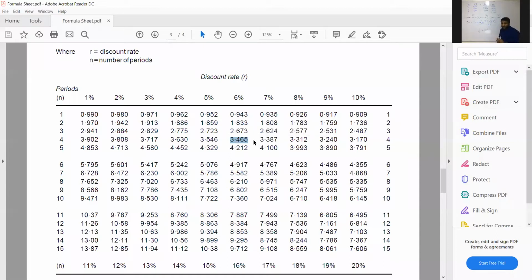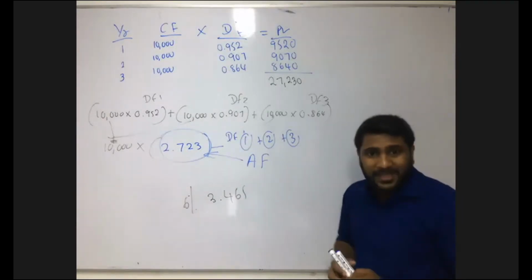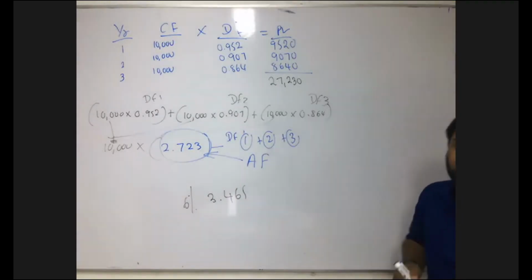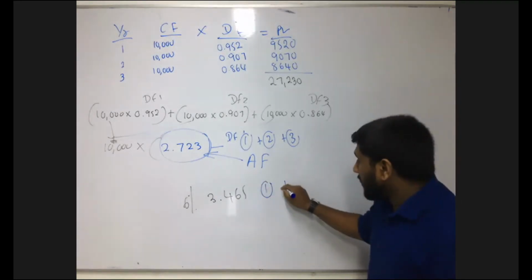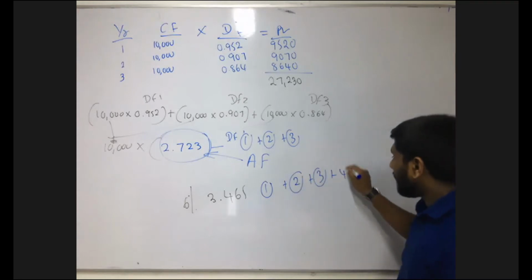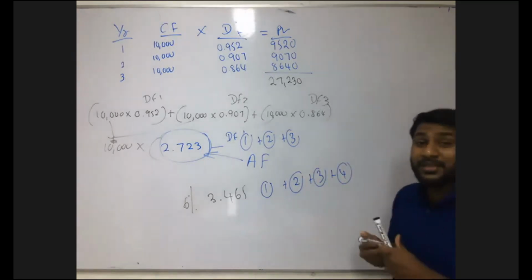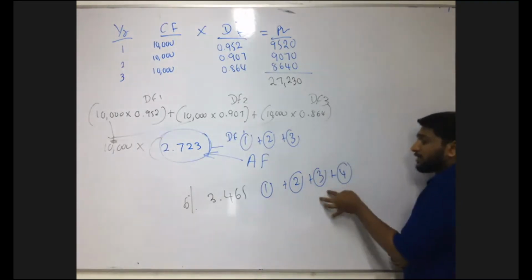What is the meaning of this 3.465? It is the addition of the discounting factors of year 1, year 2, year 3 and year 4.